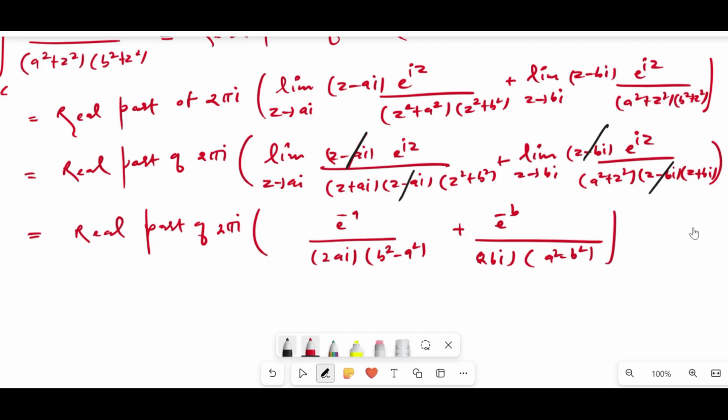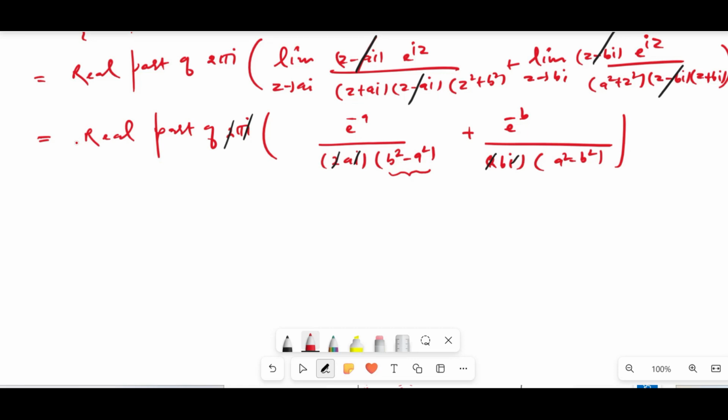So as we can see, if I take the common 2i, this 2i and 2i will cancel.